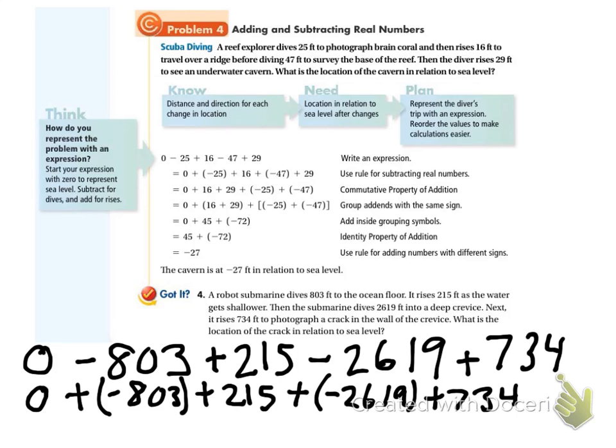Now we can either do this mentally going through, or I'm just going to add this on my calculator to make it go a little quicker. So negative 803 plus 215 plus negative 2,619 plus 734 gives me negative 2,473 feet.